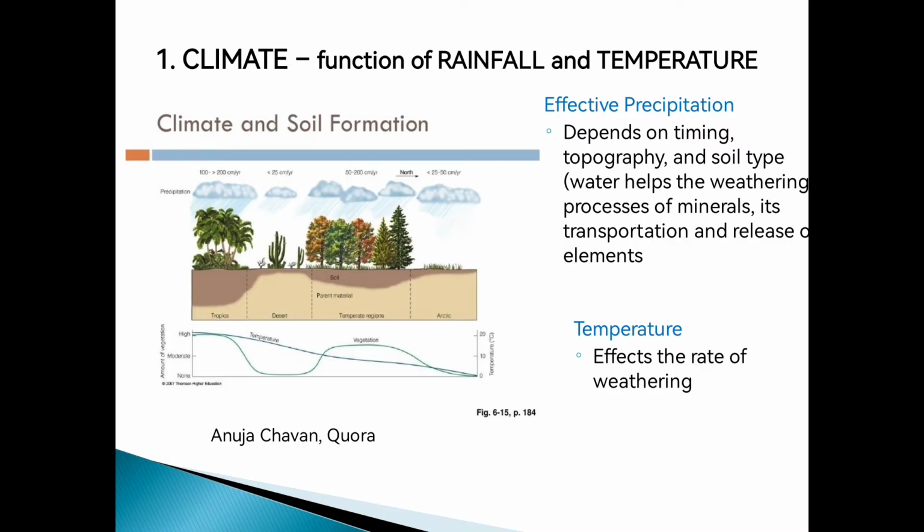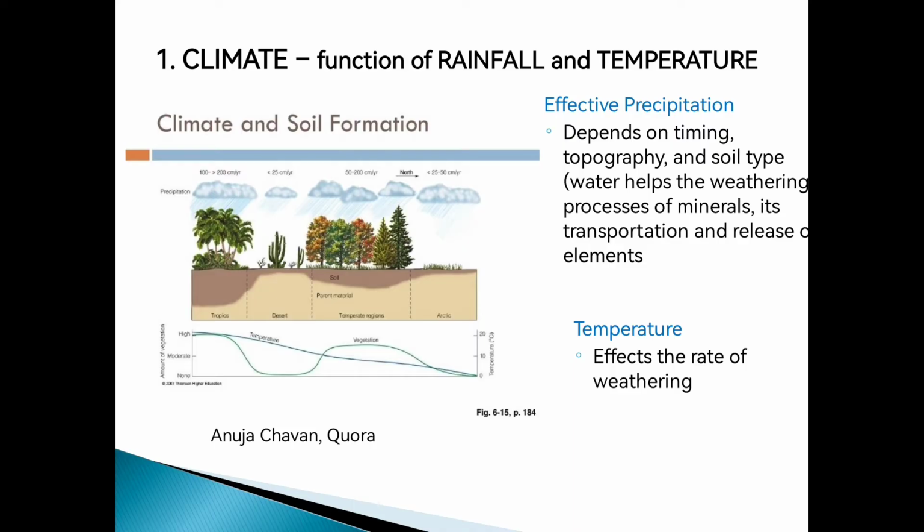So climate. When we talk about climate, ano yung nakikita natin usually dyan? Diba? When we look at the weather report, it usually talks about rainfall and temperature. So rainfall considers the effective precipitation. It depends upon the timing, topography, and soil type kasi the water will help the weathering processes of minerals, its transportation and relief of elements.